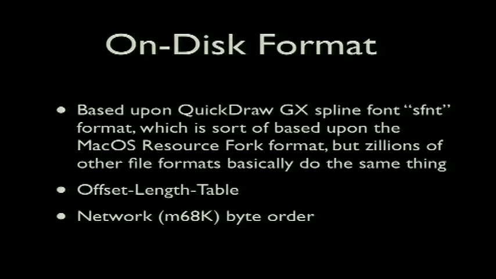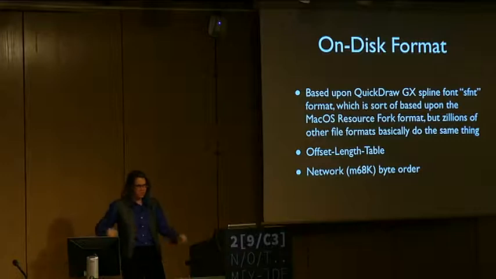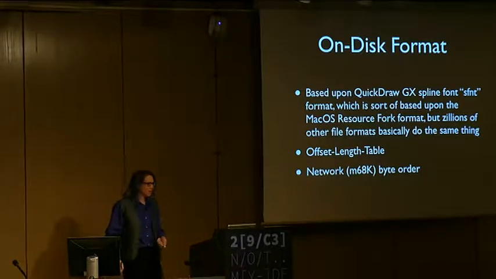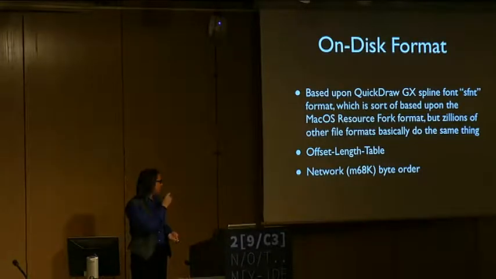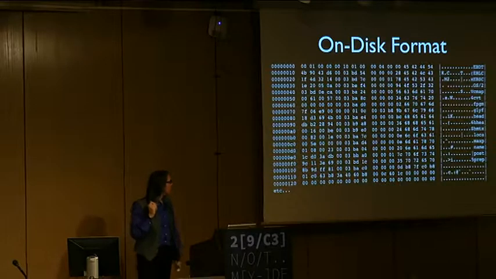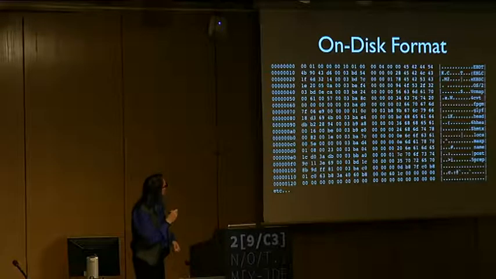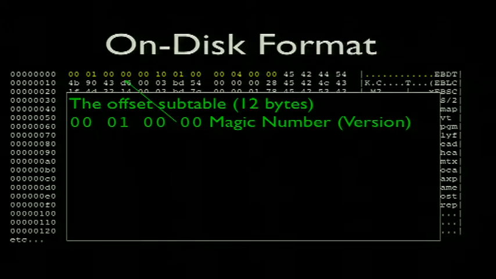So the actual file format is pretty simple. It's one of those file formats where there's a table of offsets and lengths and checksums at the beginning, and then just giant chunks of structures stacked one on top of each other. I think it was originally developed for the Mac, so it's in big-endian byte order. Anyway, it looks like this. You don't have to care about any of this stuff at the beginning.